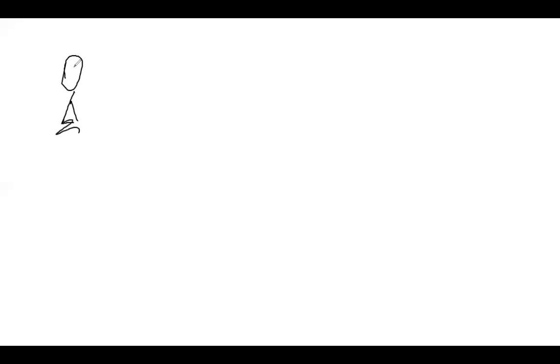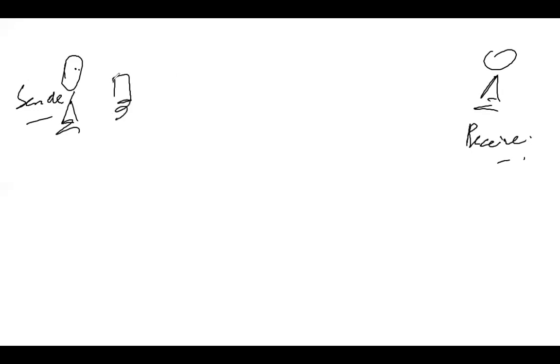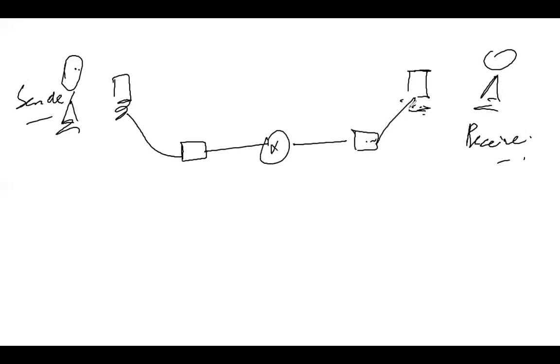Here is the sender node and this one is the receiver node, and they are communicating with one another through their personal laptops, which are connected with one another. So look at this, they don't use the same channel.